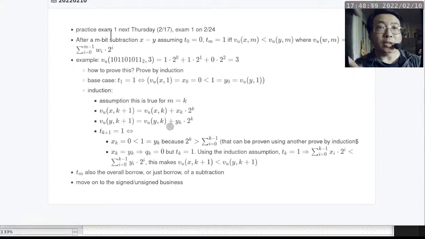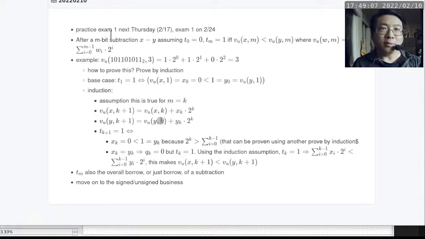We make the assumption that it works all the way up to when m equals k. And then you might be saying, but how can we make this assumption? Well, that's a whole different story. You have to take CISP440 in order to understand how it works. But the idea is we make the assumption.